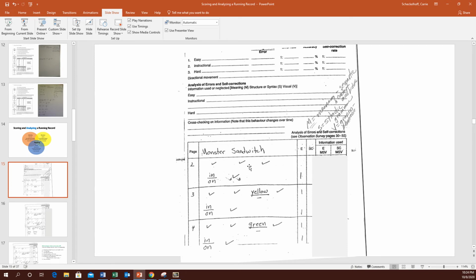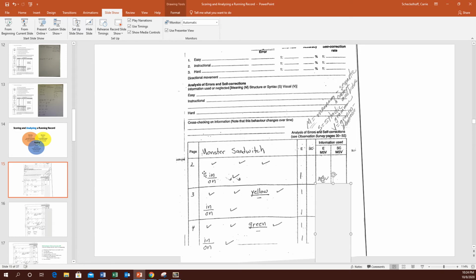Okay, when the child says put some lettuce in, that sounds like English. That's syntactically okay. It makes sense. And visually, look at that. Visually, it's half right, right? So you have to kind of think, what do I think they're using the most? I really think that probably when I gave them the pattern, I might have said, put some lettuce in it, put some cheese in it, put something in it.